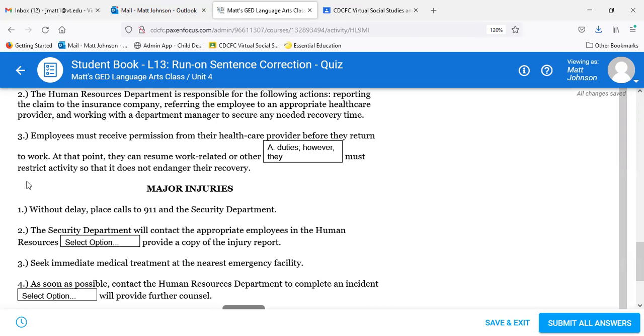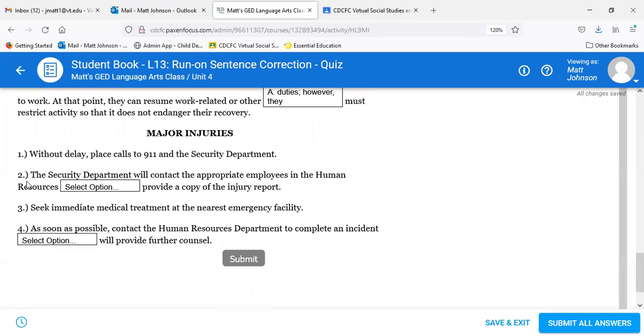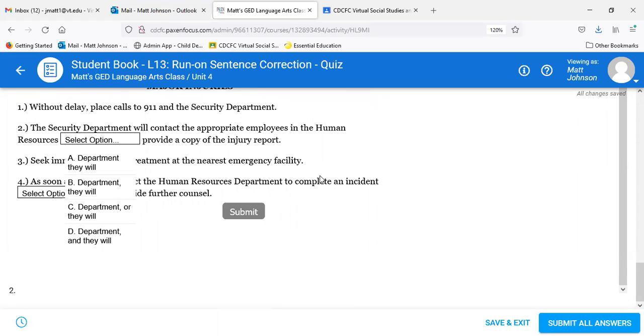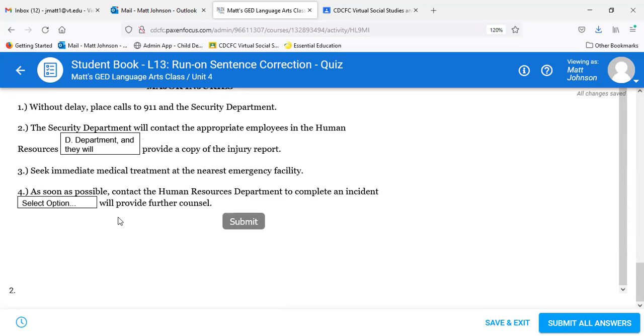Major injuries, without delay, place calls to 911 and the security department. The security department will contact the appropriate employees and the human resources department. Sasha Gay, what do we want to put here? D. D, right. So again, 2 complete thoughts, 2 complete ideas.